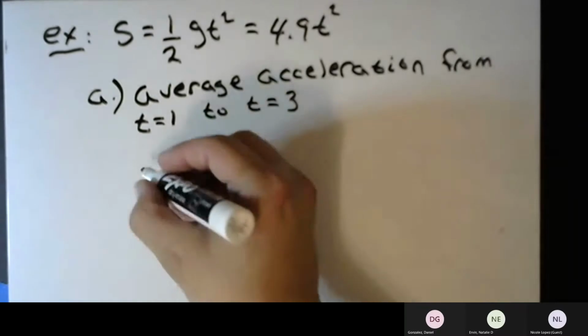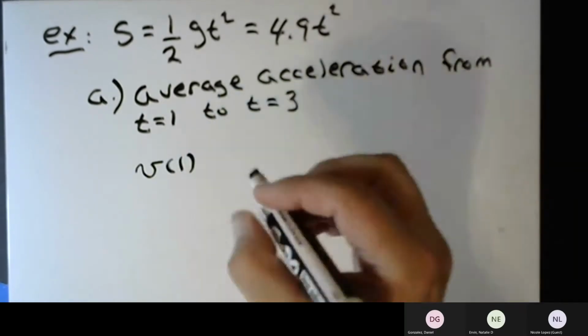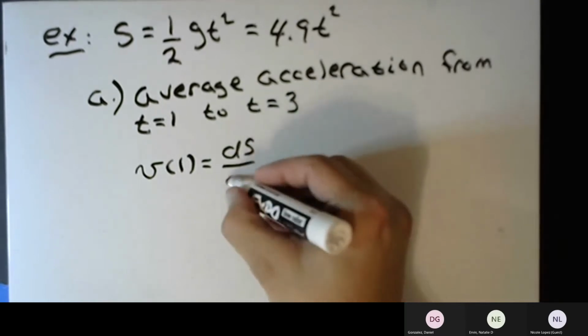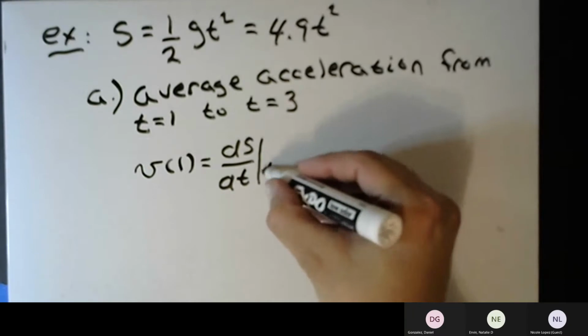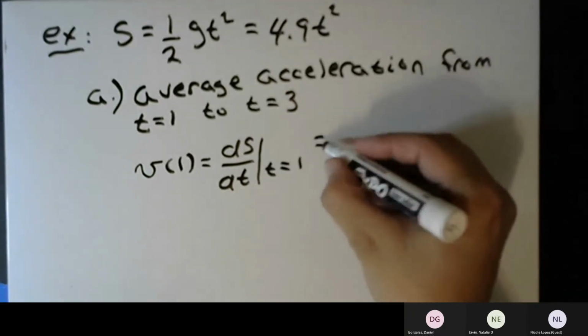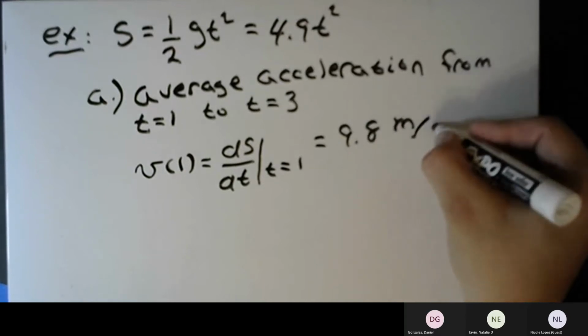Now, from before, the velocity at time equals 1, which was the derivative of the position function at time equals 1, that was 9.8 meters per second.